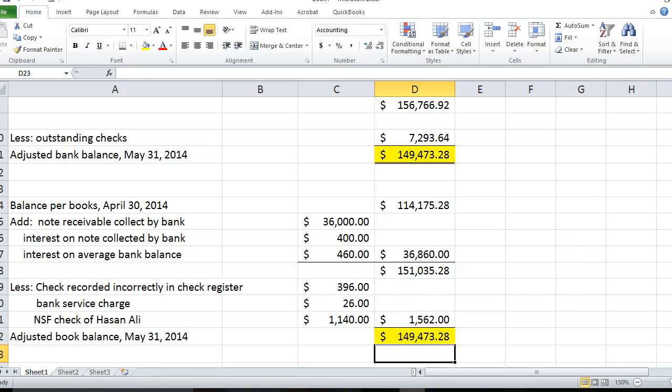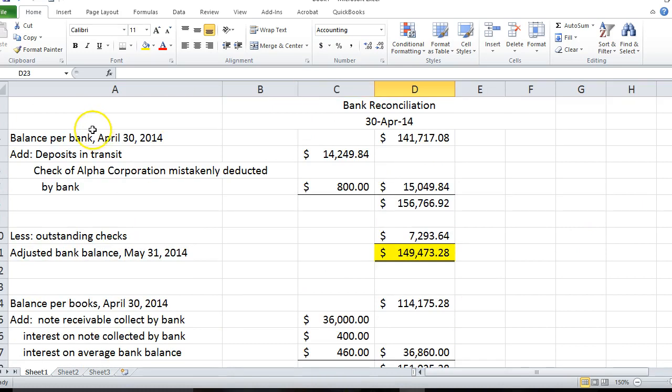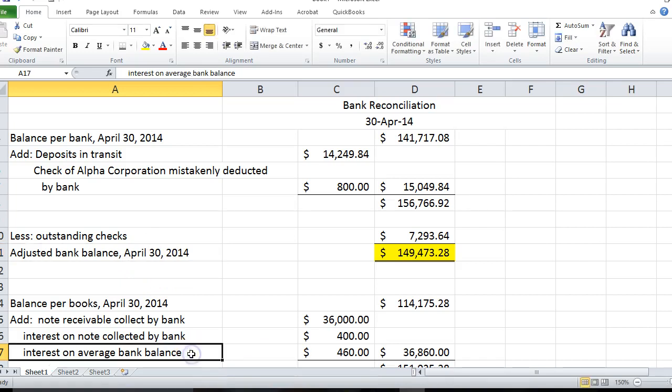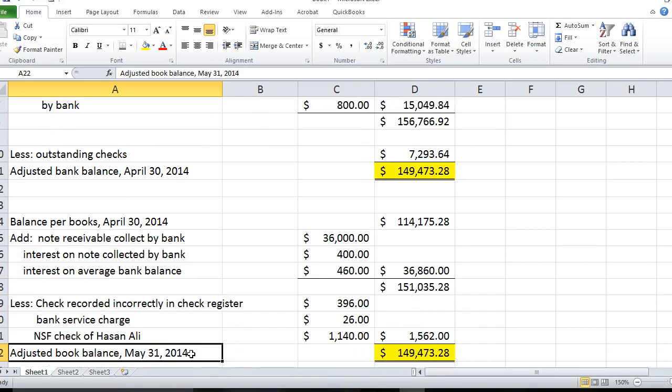So what I've done is we started with our balance per the bank. We add to that the deposits in transit plus the check they deducted by accident. We subtract our outstanding checks to come up with an adjusted bank balance of $149,473.28. Then we begin with our balance per our books.